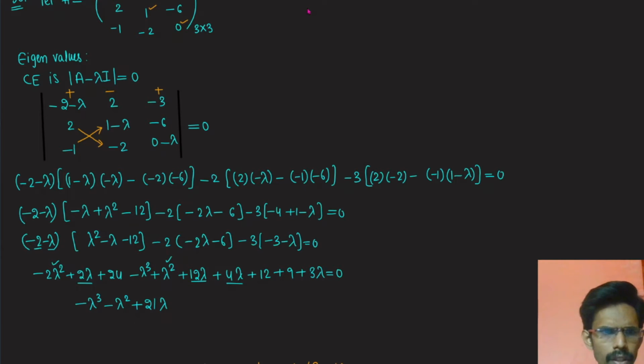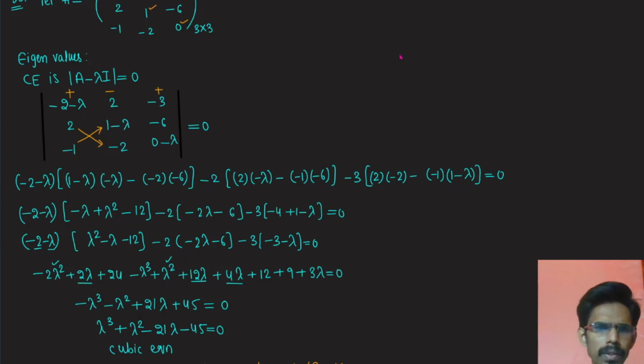Next we have the constant: 24 plus 12 will be 36, plus 9, 45. We have plus 45 is equal to 0. Now take minus common, that will become lambda cube plus lambda square minus 21 lambda minus 45 is equal to 0. Now this is a cubic equation.